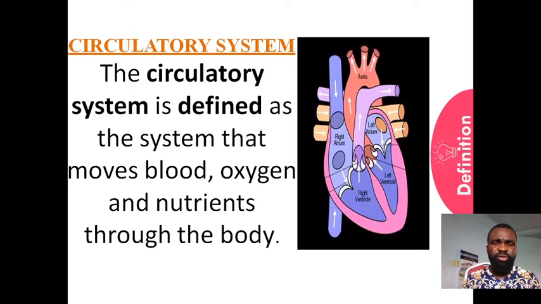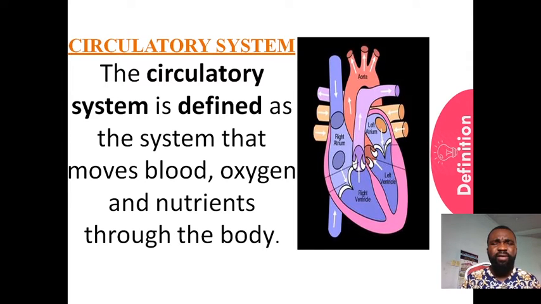When we talk about nutrients, we are talking about digested food. Of course, digested food gives us the nutrients that the body requires. So the movement of blood, oxygen, and nutrients in the body is what we refer to as the circulatory system. Now, we have an organ for circulation, which is the heart. The heart is the only organ for circulation.